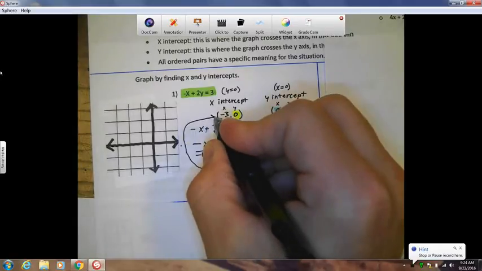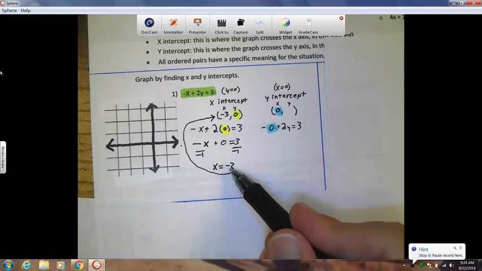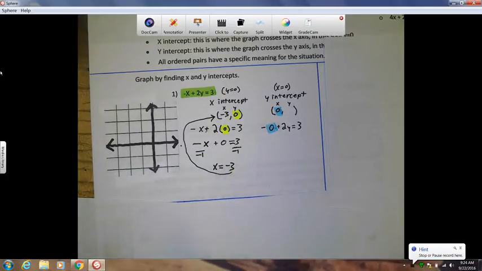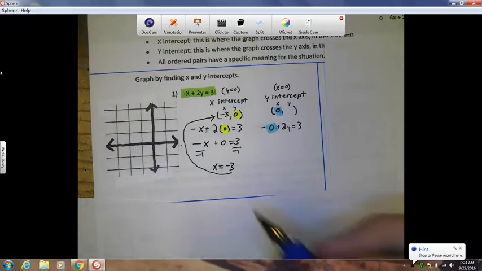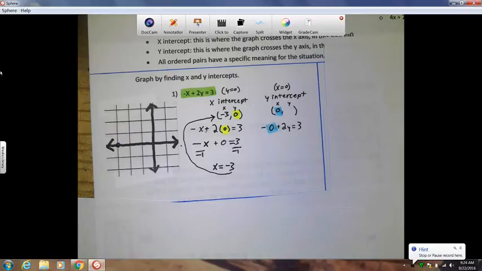Because whenever my y was 0, my x was equal to -3. So -3, 0 is right here. There's my point on the graph. That's my x-intercept.